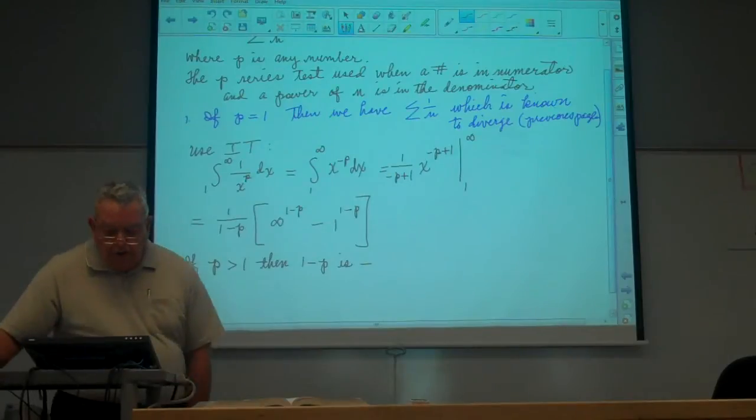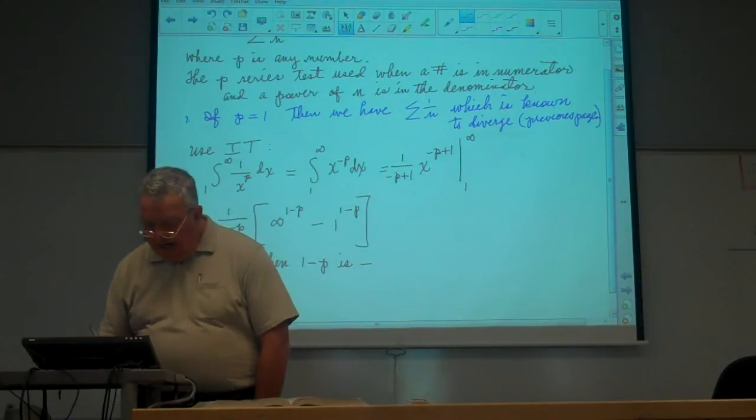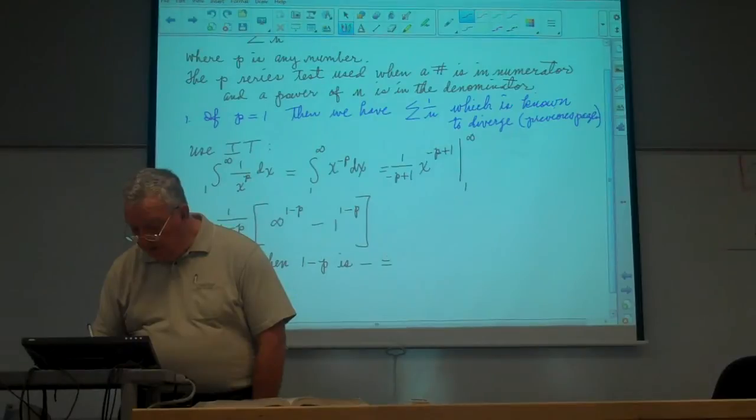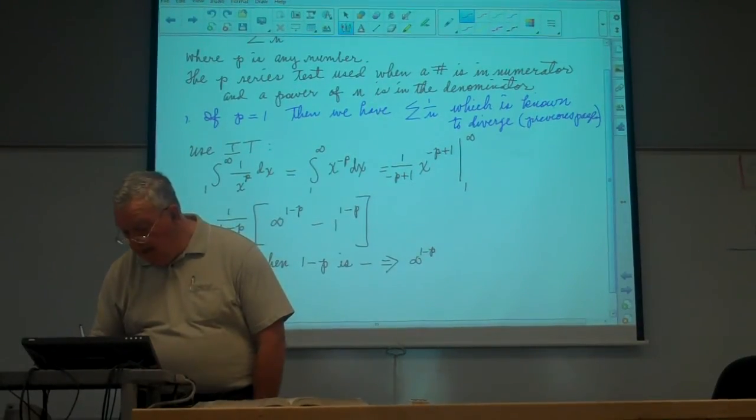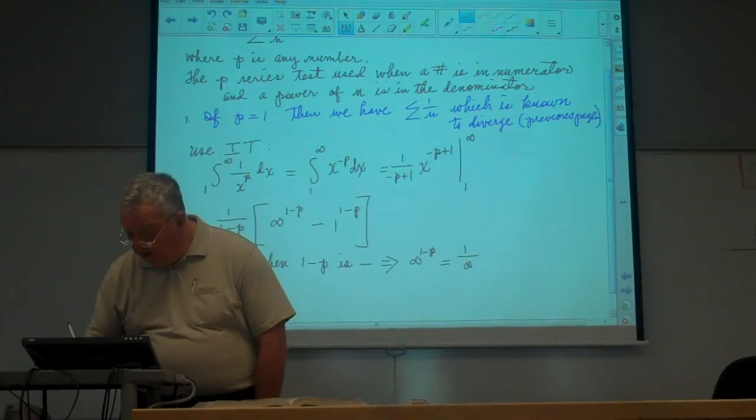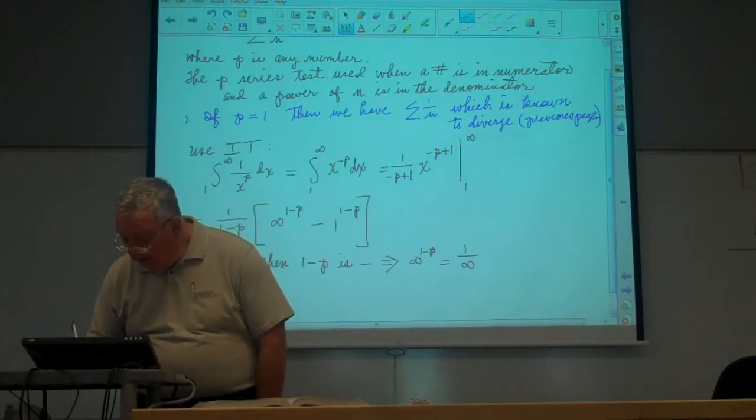So then that means that infinity to the 1 minus p is equal to 1 over infinity to some positive number, 1 minus p in absolute value.